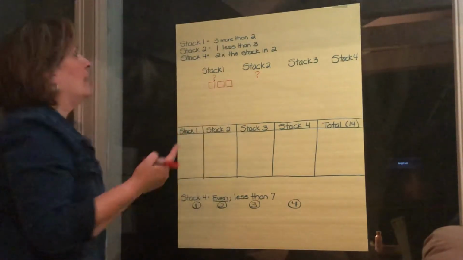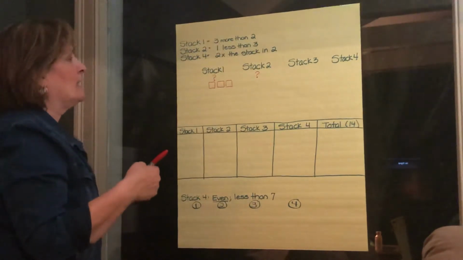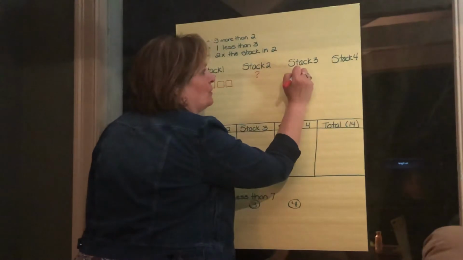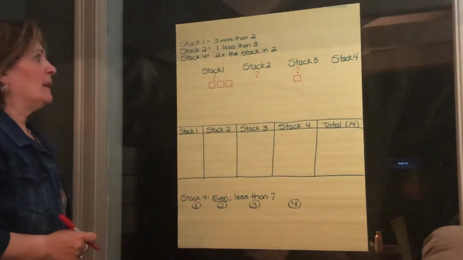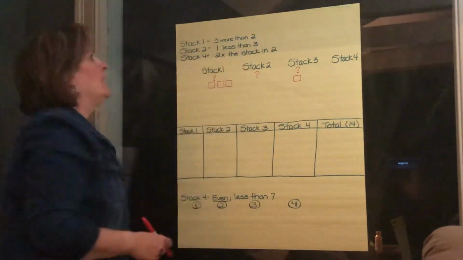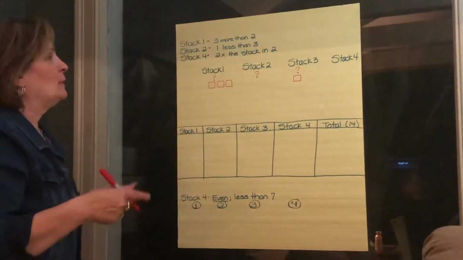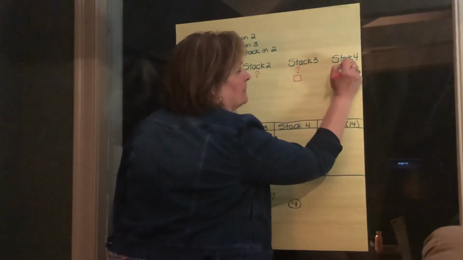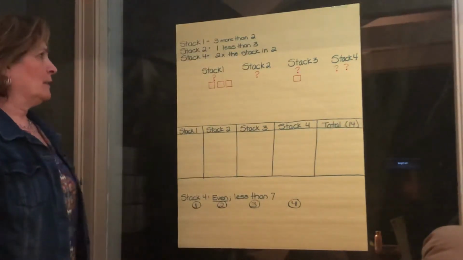And then stack 2 had 1 less than stack 3, so stack 3 was the question mark and 1 extra block than stack 2. And then I knew that stack 4 was 2 times whatever stack 2 was, so I knew that had to be 2 of the question marks. I just didn't know what they were.